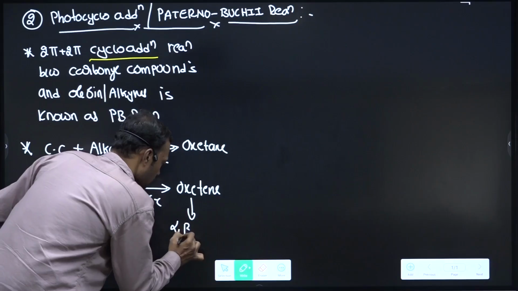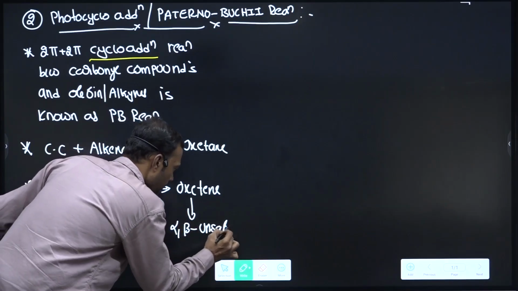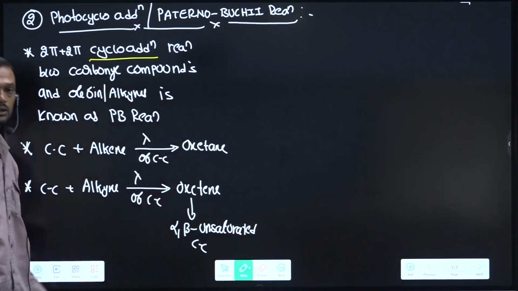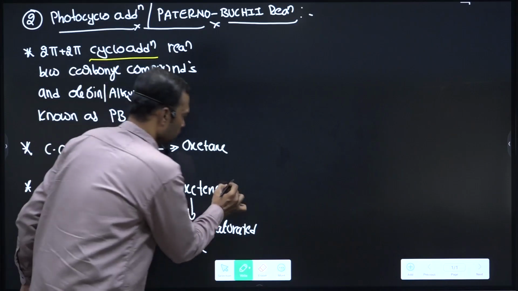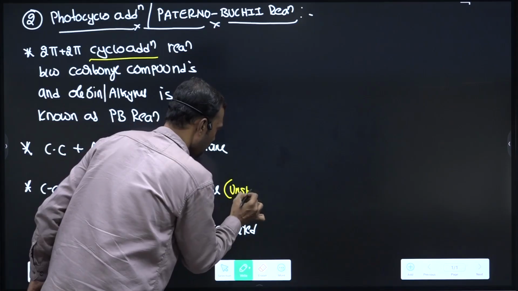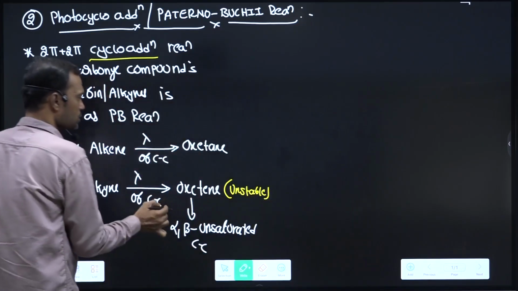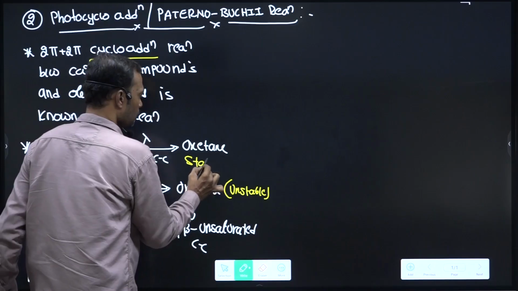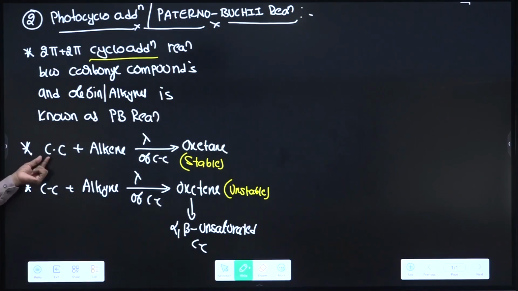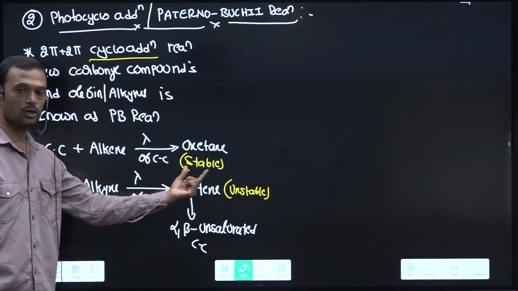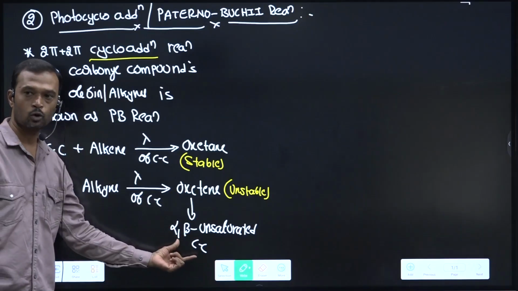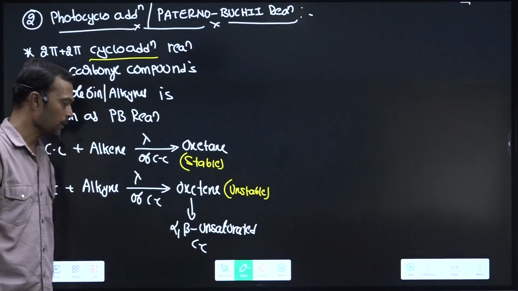So this further gives an alpha, beta unsaturated carbonyl compound. This is a key point. Oxetene is unstable, so it is not going to survive, but oxetane is stable due to sp3 hybridization. Carbonyl compounds plus alkene 2pi 2pi cycloaddition will give oxetane. Here oxetene is unstable, undergoes ring opening, and will give an alpha, beta unsaturated carbonyl.